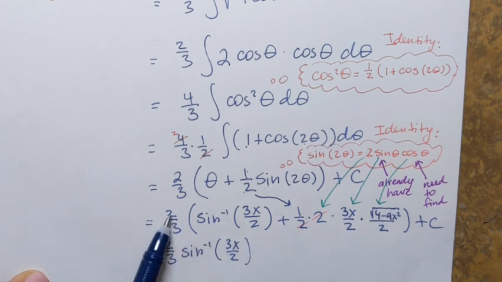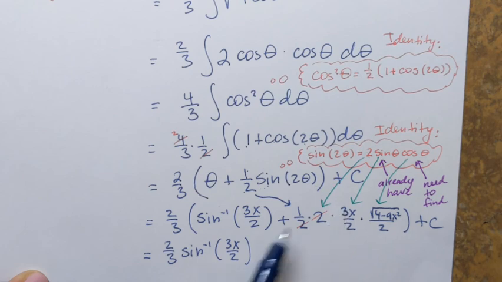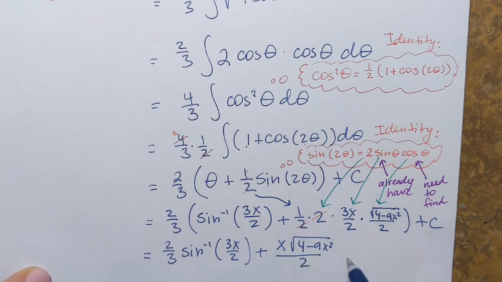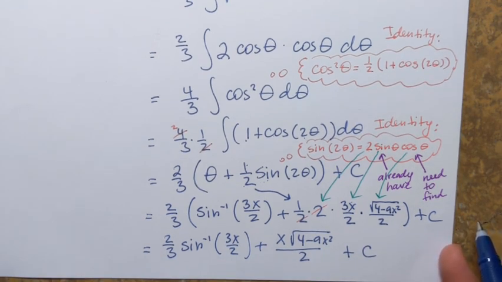And then as I distribute and multiply 2/3 by 3/2, that will all cancel, right? So 2/3 and 3/2 are gone. It means that I only have plus that x times the square root, and then that 2 stays over 2, right? And then plus c. So that's going to be the answer.